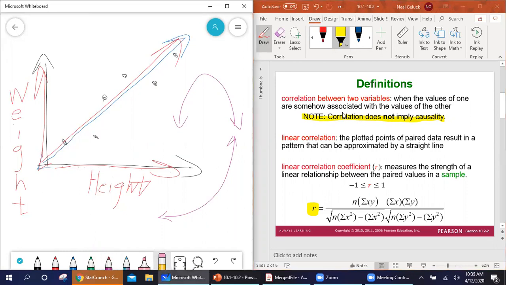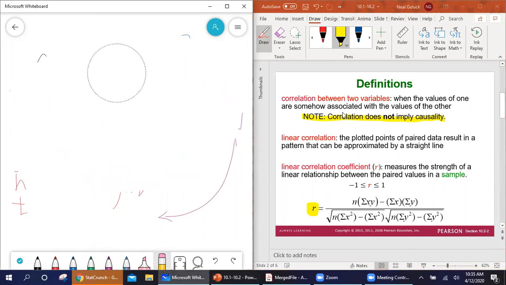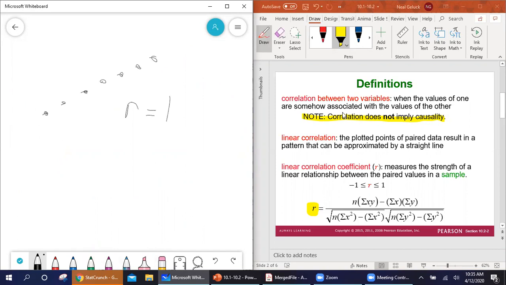So what does that mean? Well, if my data points are pretty much in a perfectly straight line going uphill, let's say they're perfectly in a line, this would be an R value of 1. 1 is a perfectly straight uphill line.